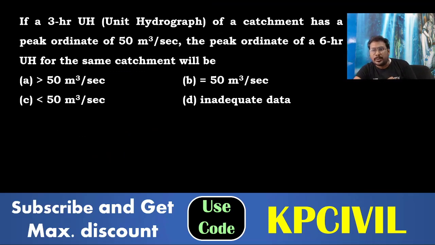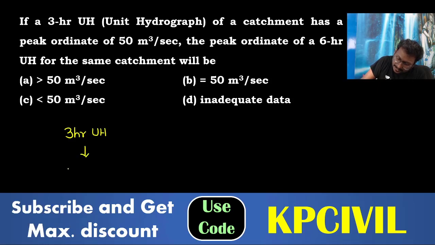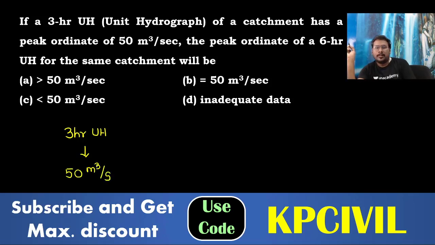A 3-hour unit hydrograph of a catchment has a P coordinate of 50 meter cube per second. The P coordinate of 6-hour UH?